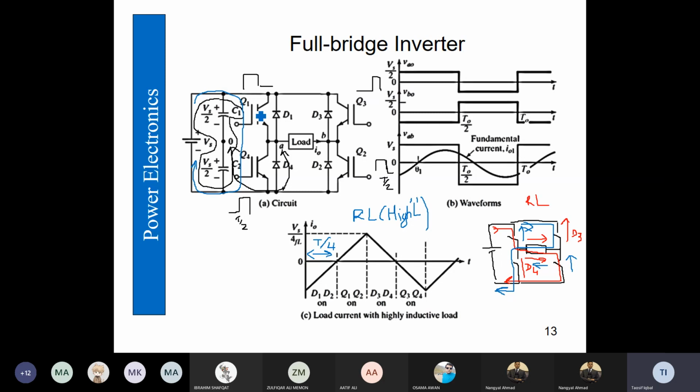That time for slower devices could be in some microseconds, whereas for faster devices it could be in nanoseconds. So even faster devices also need a dead time in the switching signal, so that at no cost we switch on Q1 and Q4 together.